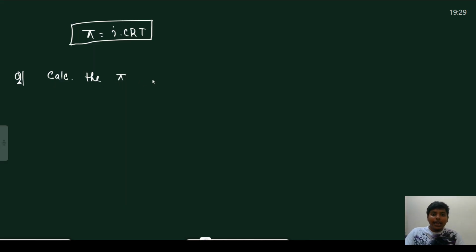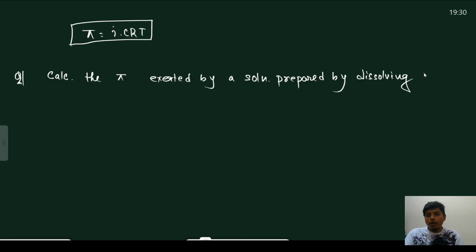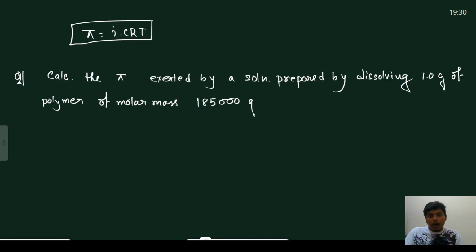Calculate the osmotic pressure exerted by a solution prepared by dissolving 1 gram of polymer, polymer means some compound, of molar mass 185,000 gram per mole in 450 ml of water at 37 degrees Celsius. Calculate.